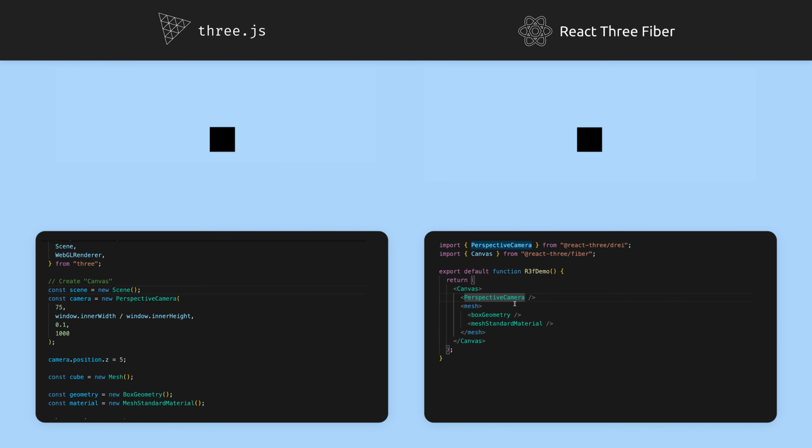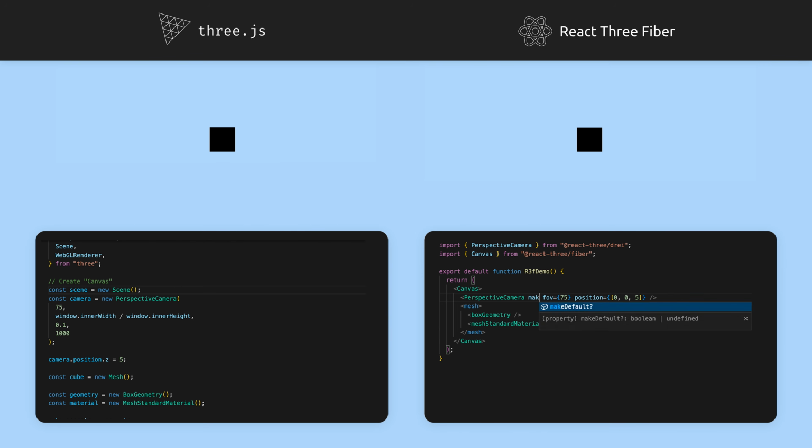So we just insert the perspective camera here. We're going to add a field of view to make it match what we have on the Three.js side, so that's 75. And then we need to give it a position as well to match the Three.js side. The perspective camera component from Drei will default to just 0 for the position. So let's change that to 5.